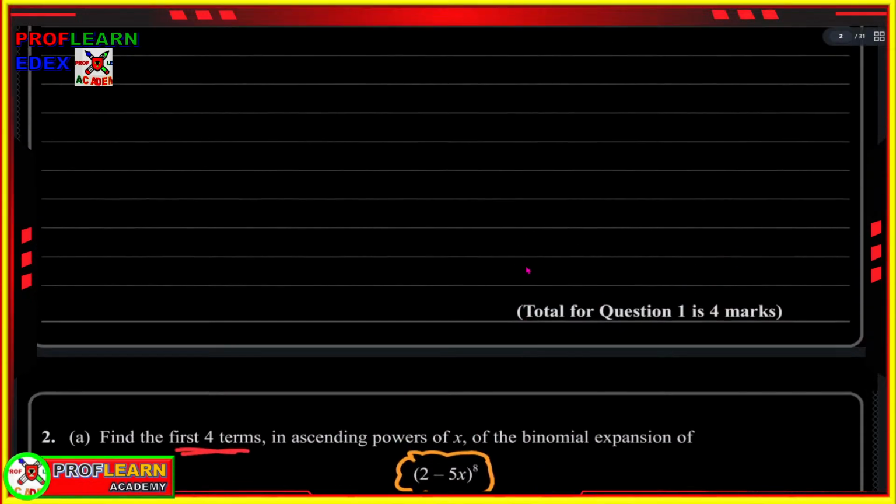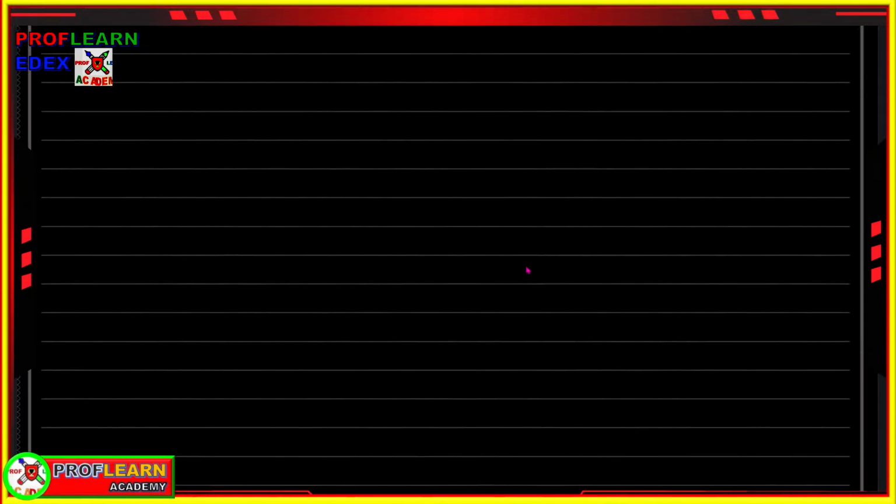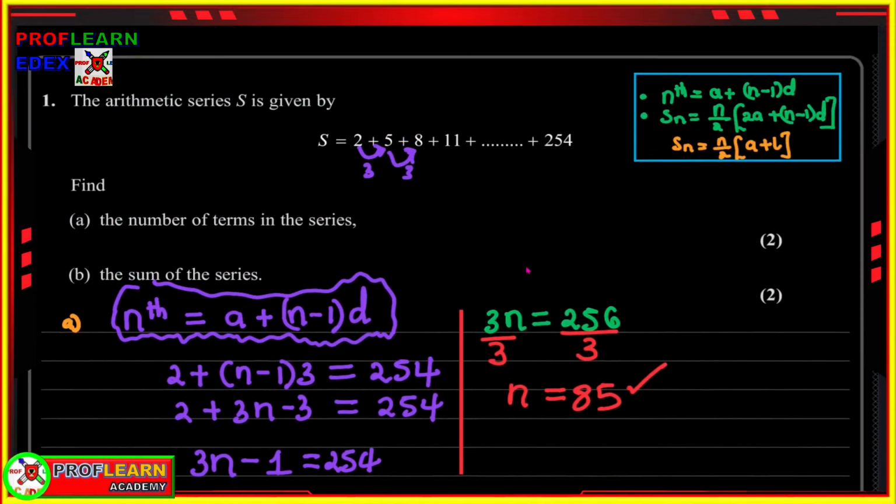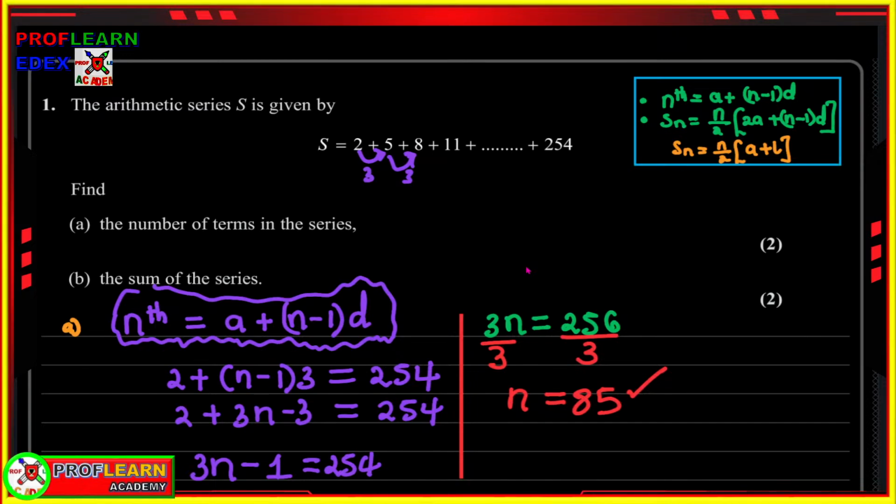As I also mentioned in the previous question, they can test sequences and series. For instance, we are told here an arithmetic series S is given by 2, 5, 8, 11. We can identify that the first term is 2.